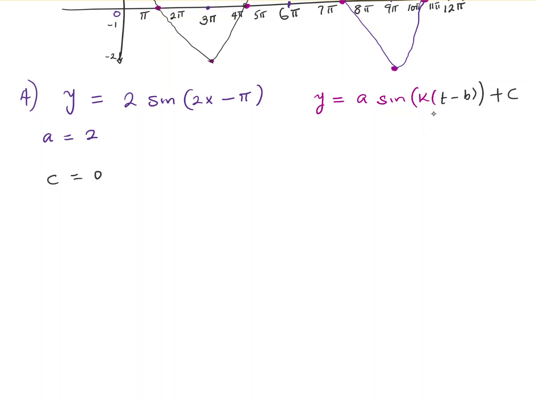But if you look at this inside and compare it with what we have here, then you will see that there is need for me to do some manipulation here. So I can write this as y equals 2 sine. I want to ensure that k is out.